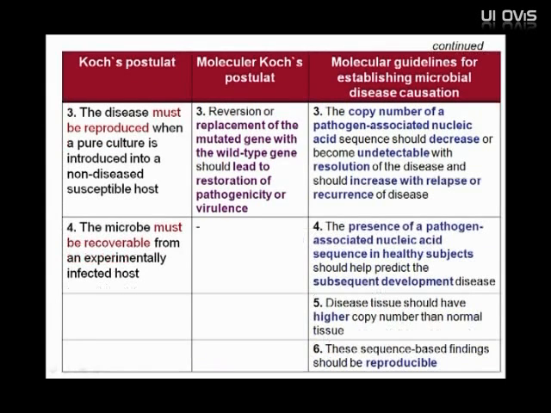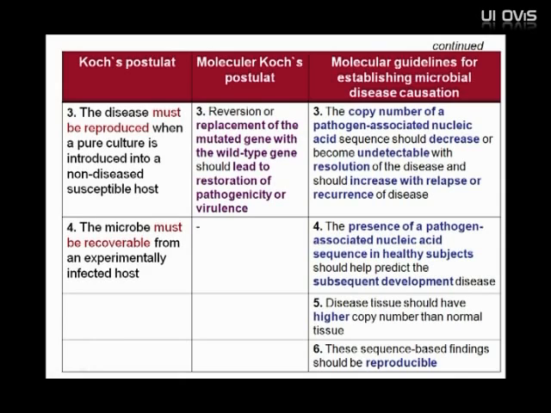For the third postulate, the disease must be reproduced when a pure culture is introduced into a non-disease susceptible host. The molecular Koch postulate is that reversion or replacement of the mutated gene with the wild-type gene should lead to restoration of pathogenicity or virulence.